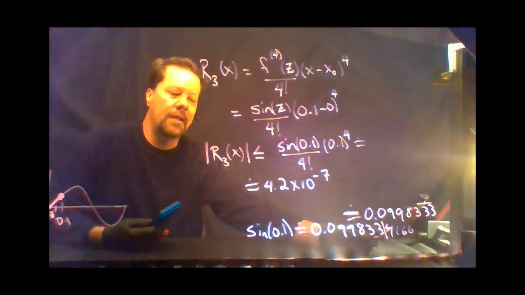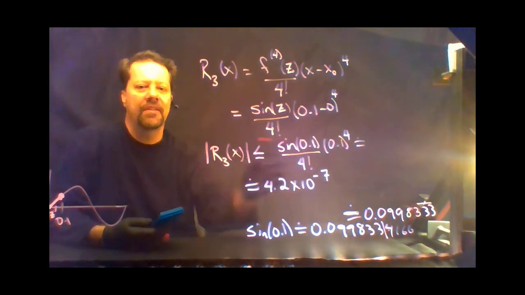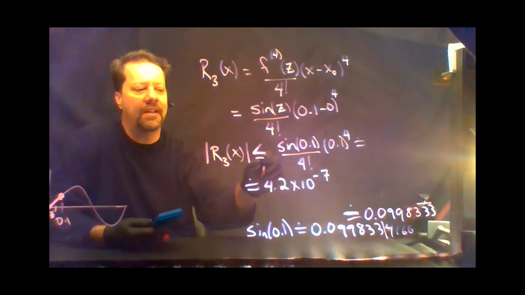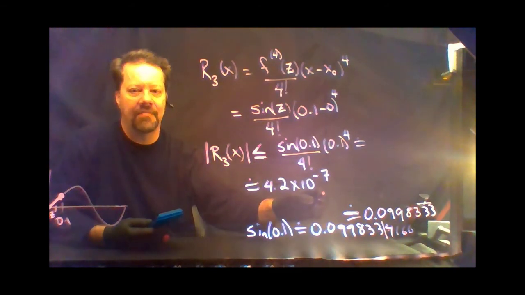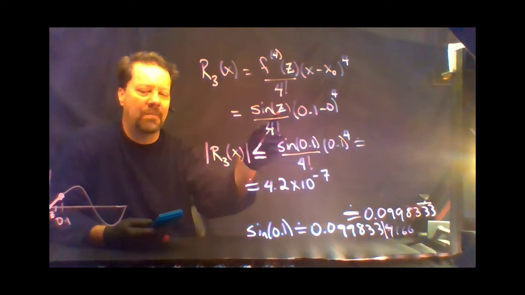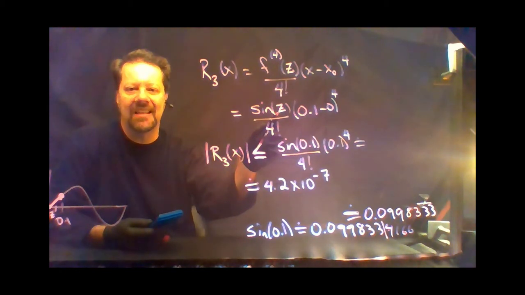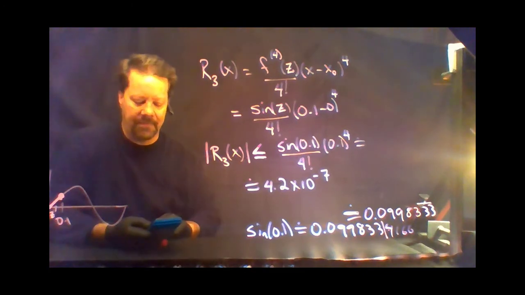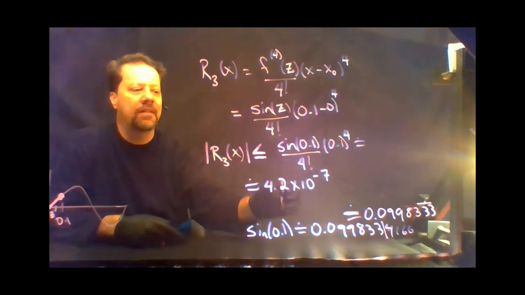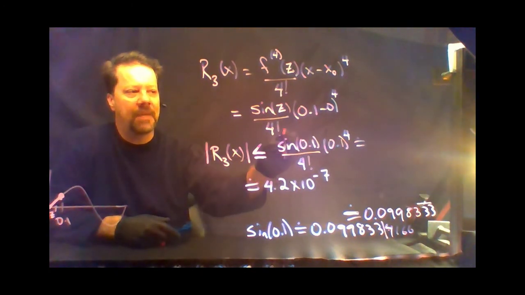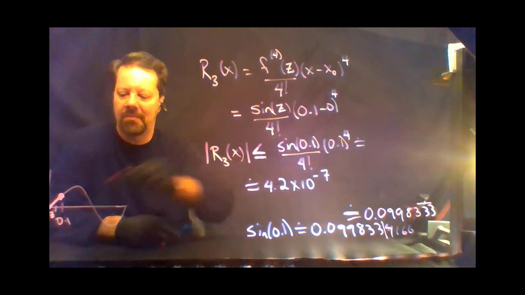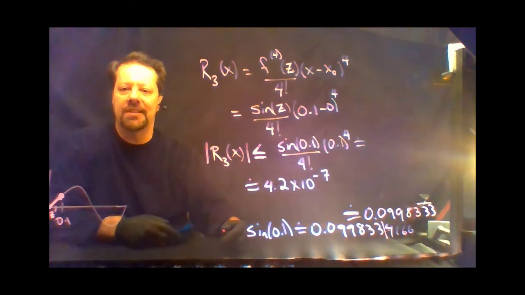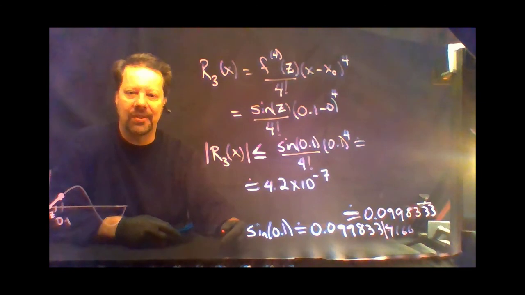We're off by a 1 in the 7th decimal place. The remainder formula gave us an upper bound on that error because we didn't know the exact location of this point z, only that z was somewhere between 0 and 0.1. So the best that we could do was to estimate this by the maximum value, which occurs at 0.1, since the function sine is increasing between 0 and 0.1.